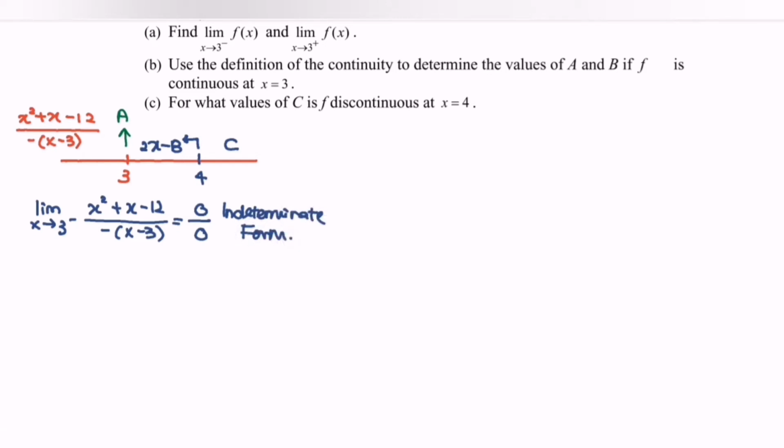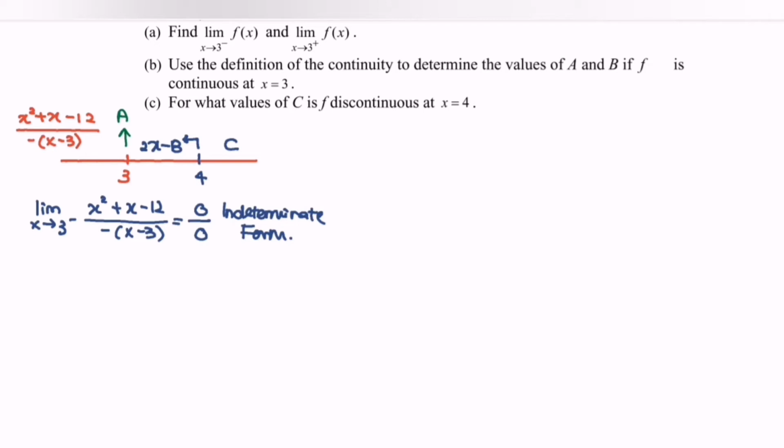There are several strategies that we can use to solve this kind of situation. Number 1, multiply by the conjugate. Number 2, factorize. For this case, I'm going to use factorizing.